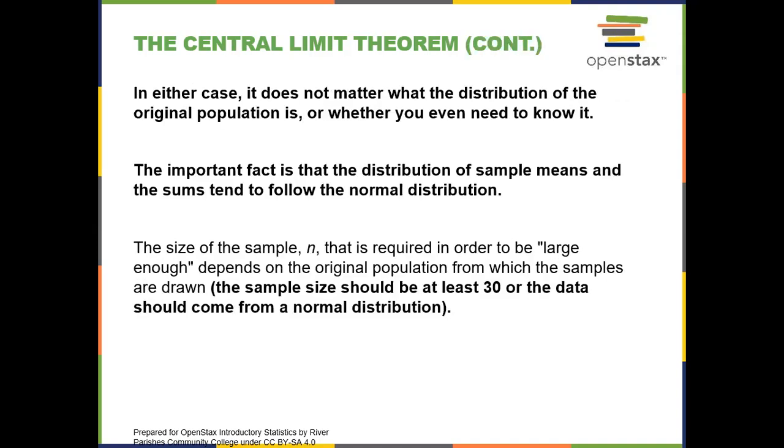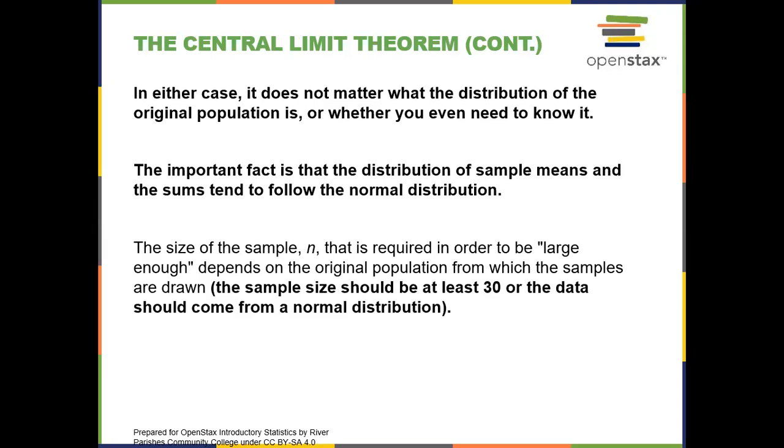in either case, it does not matter what the distribution of the original population is, or whether you even need to know it. The important fact is that the distribution of sample means and sums tends to follow the normal distribution, the bell-shaped curve, like I said.